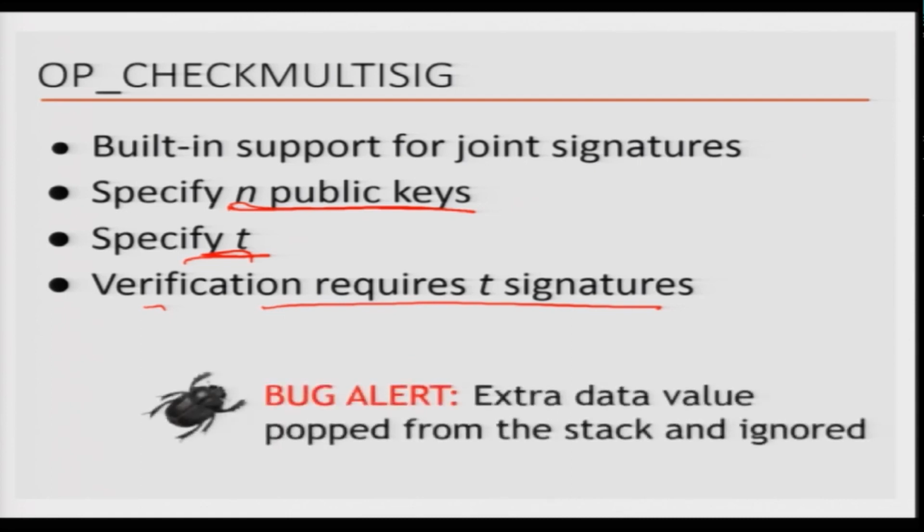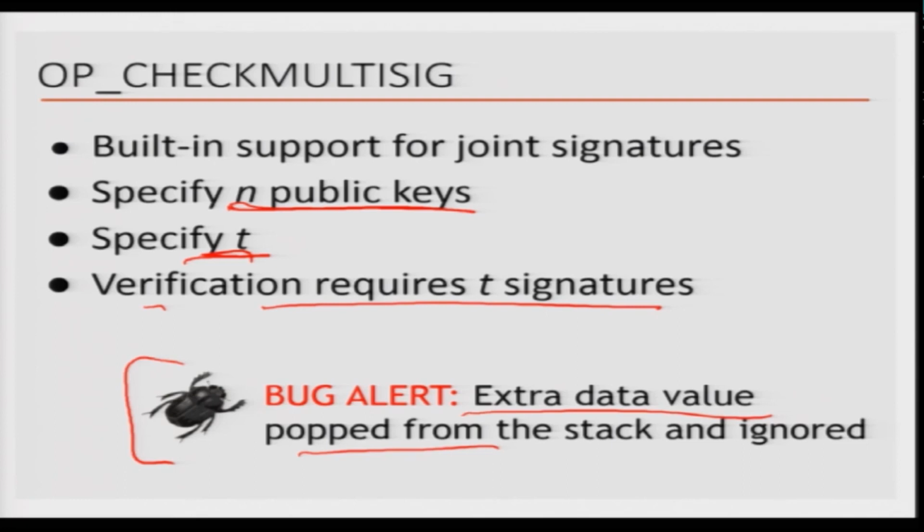Now, there is a bug which was there in the beginning: an extra data value is popped from the stack and ignored when OP_CHECKMULTISIG is executed. Remember, for each opcode, I often get the top of the stack, or the top 2 or 3 things on the stack, and use them for executing the instruction.